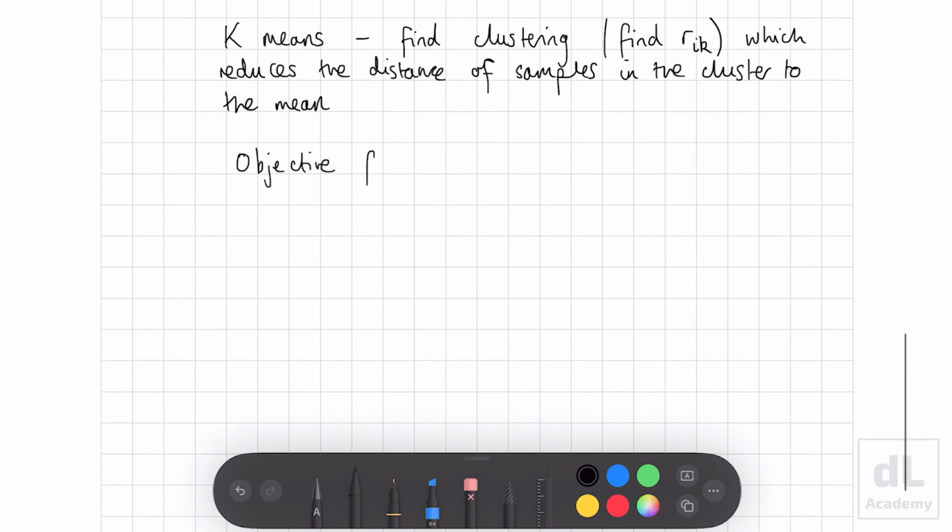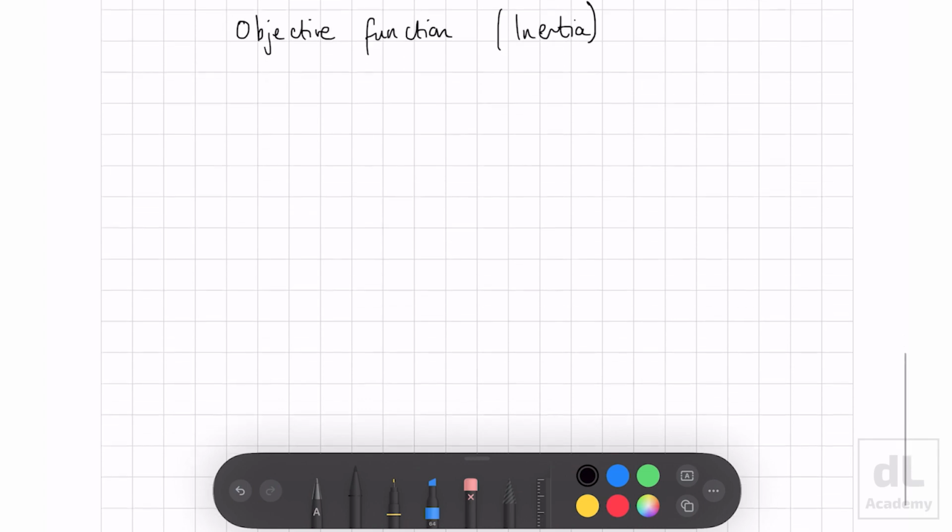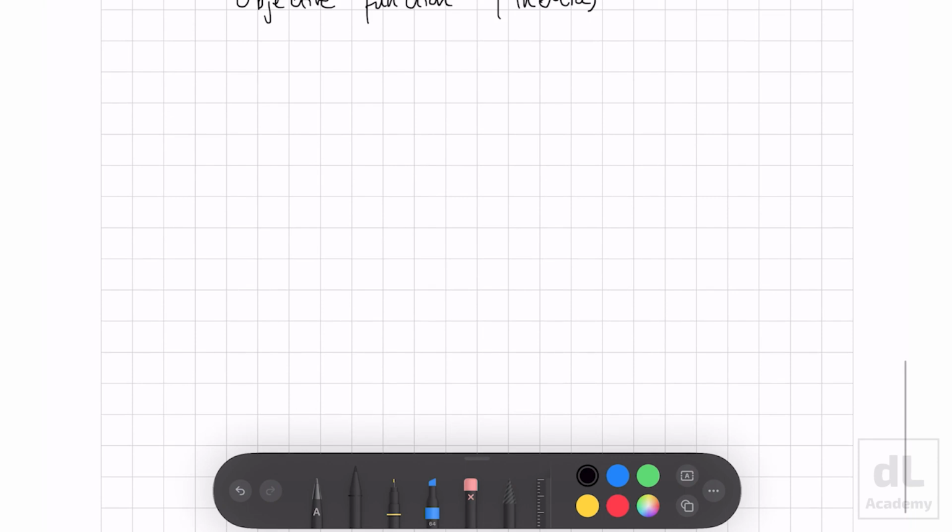So we define an objective function, and for k-means it's actually called the inertia. Don't worry too much about the notation when I write it down. It might look complicated, but we'll talk about it. We write J for an objective.